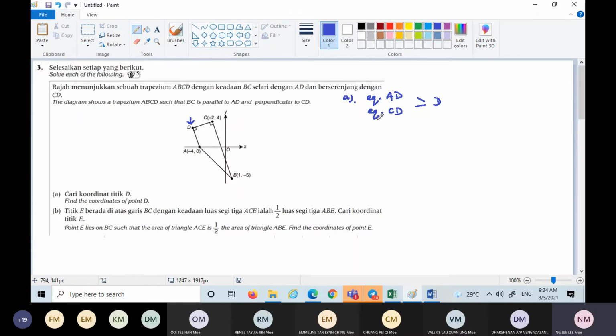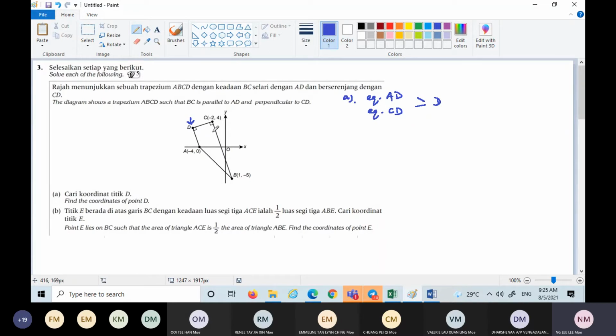So now, how to find the equation of the AD? I have a point A, but do I have the gradient of the AD? I don't have the gradient of the AD, but I can find the gradient of the BC. The gradient of the BC is the same as the gradient of the AD because they are parallel.